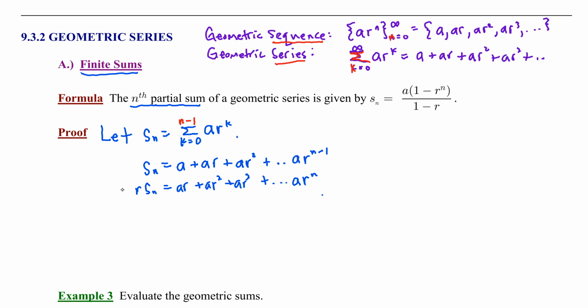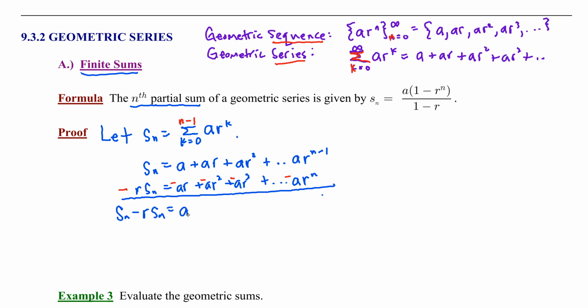If we subtract the second equation from the first, that is, we subtract every like term from the second equation from the first, we're going to end up with an equation for which we can solve for the nth partial sum. So we have s sub n minus r times s sub n.